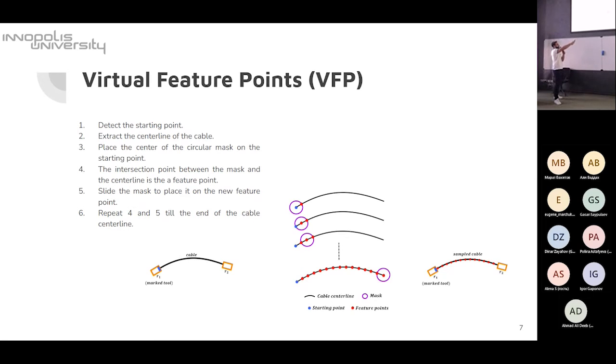We place this circular mask at the starting point, and we check for the intersection between the cable center line and this mask. The intersection point would be the next feature point, and the mask will move forward to the next intersection point in order to figure out the next feature point. By sliding the mask along the cable, we obtain the final result, where the cable is modeled as a set of points.